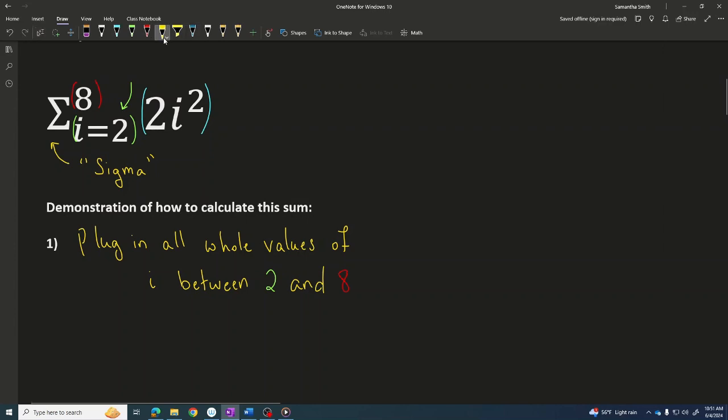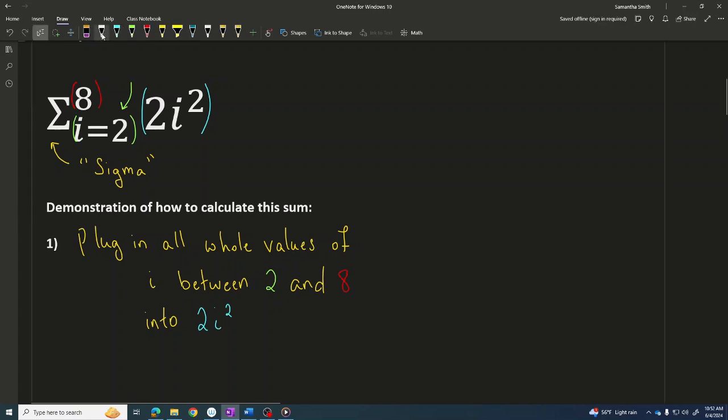Where do I plug these values in? I plug these values into this expression here next to the sigma. I plug them into this expression here, 2i squared.